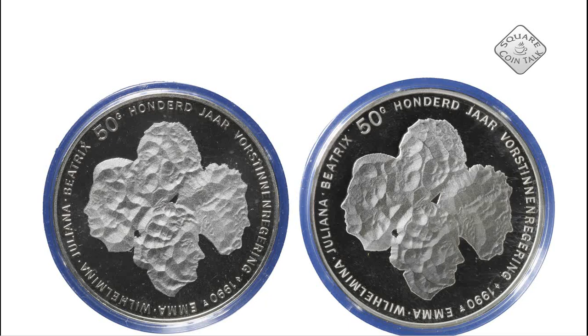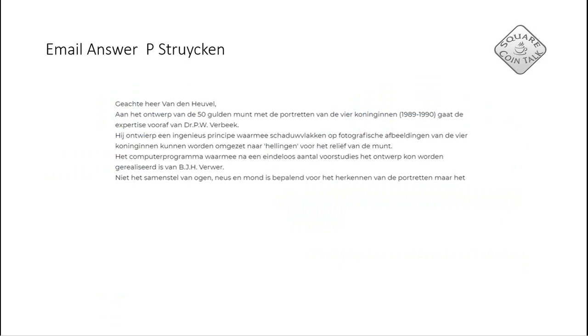So while I looked at possibly 50, 60, 70 of these images, I waited to get an answer. And a short while later, I got a nice email back from Peter Struycken, the artist who designed it. And he said, "Dear Mr. van der Heuvel, on the development of the 50 guilder coin with the portraits of the four queens in 1989-1990, there's a lot of expertise that preceded it, and that was the expertise of Dr. Verbeek.